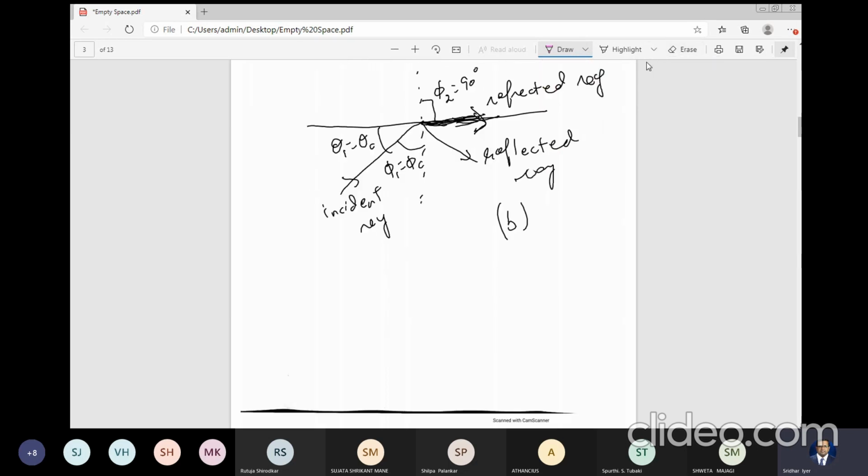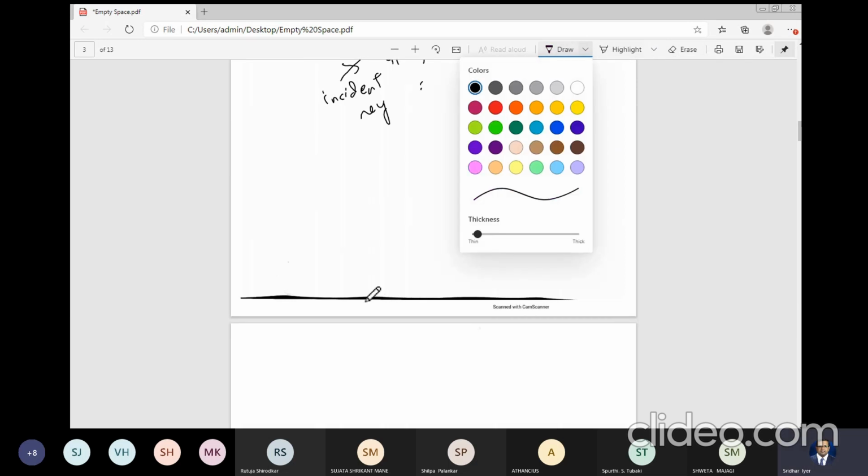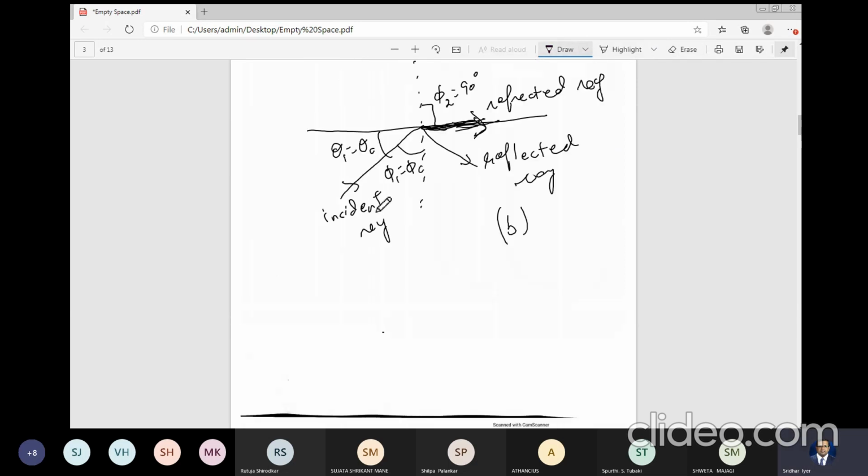Therefore, there's got to be a diagram C. If we look at this diagram B, we need to exceed the critical angle. That means the angle at which the incident ray hits the boundary of the core and cladding has to be larger than the critical angle, right?